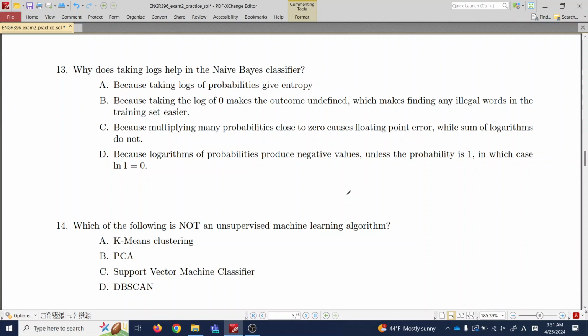So how do you make it still work? How do you make the computer be able to handle very small numbers close to zero? What's the idea? It's right in front of you. You can read, right? What's the idea? You take the log. Yeah. If you take the log of 0.00001, you get -5.